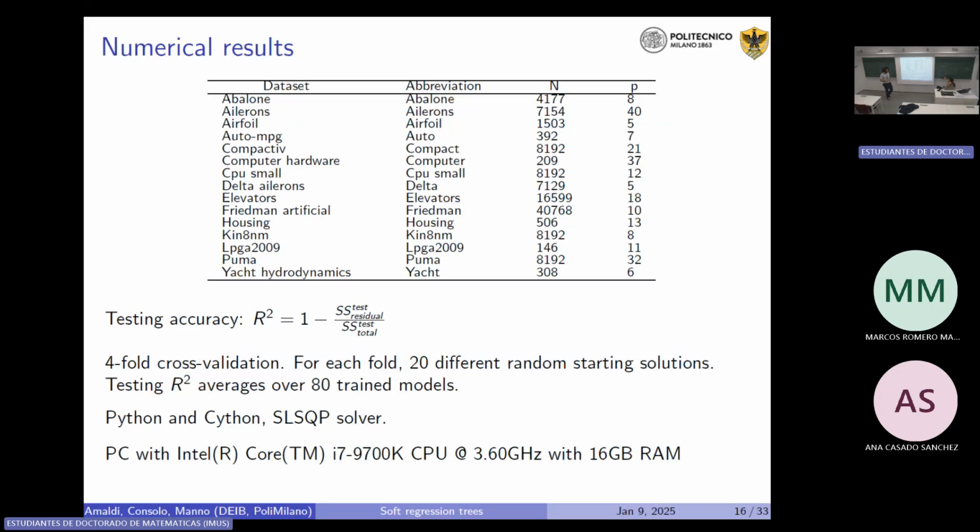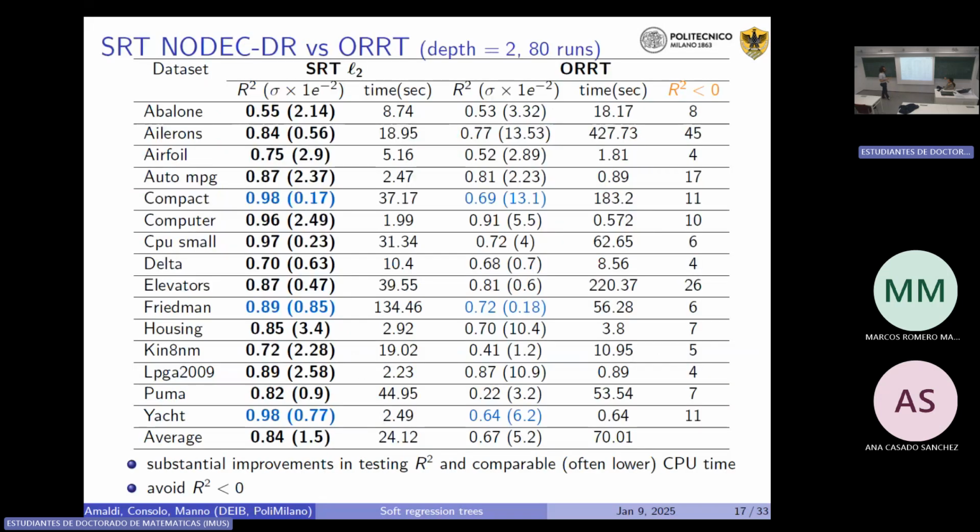So the results that I will show you are just the average over all the 80 runs for each dataset. I will show you some tables, but just really quickly to give you an idea, we make some comparison. Here I have the result for trees of depth equal to 2, but we did the experiments with higher levels of depth.